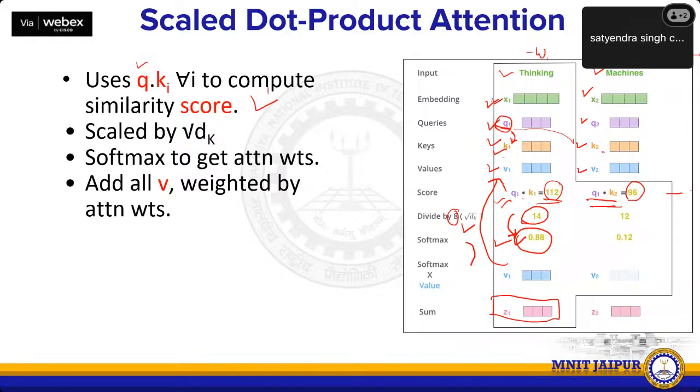So in this particular example, thinking is obviously relevant to the word thinking as well, and it might be relevant to others as well. So once you have those value vectors, you add them and get one particular context representation.